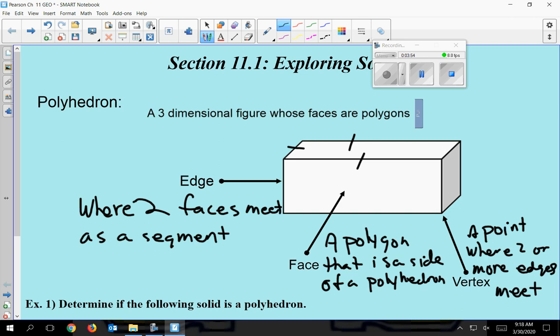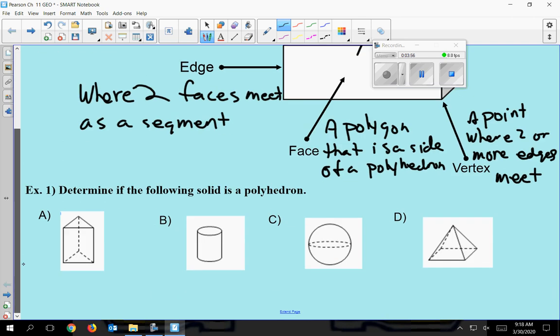We've got to determine, taking the definitions of these different figures, which ones are polyhedrons. It's a polyhedron, so it has to be made up of a bunch of polygons. You could have different polygons making up a polyhedron.